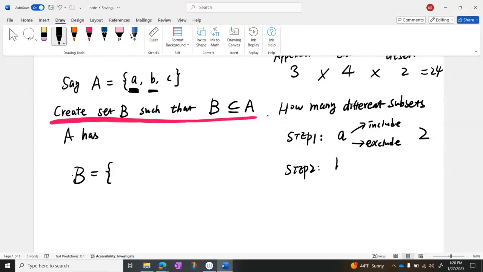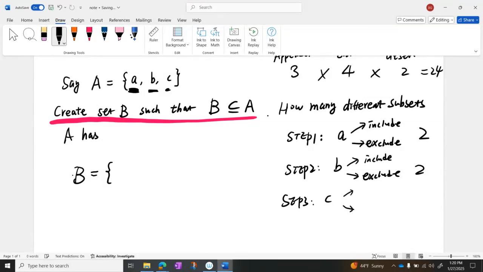Look at the element b. For element b, we also have two options, either include or exclude, right? My subset B could include b, could also maybe not include b. And step 3, the last element is c.